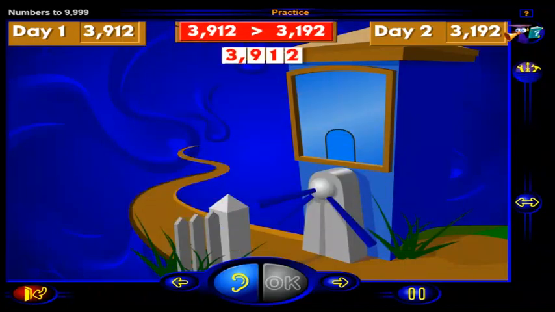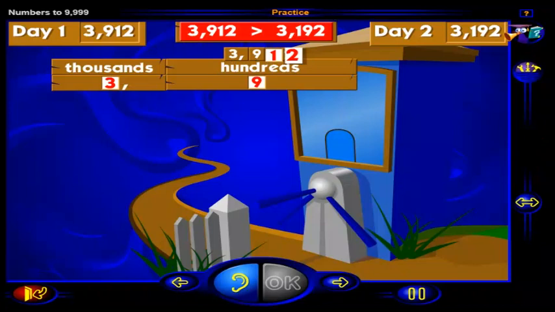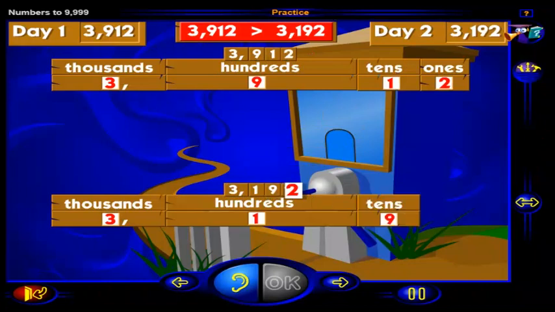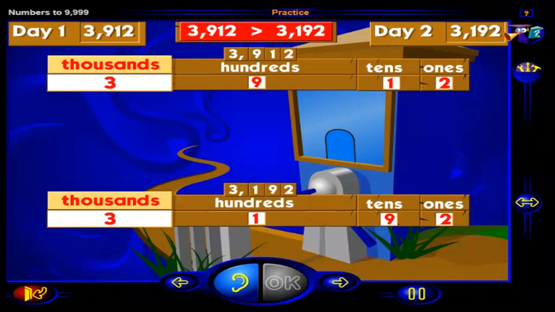In the number 3,912, there are 3 thousands, 9 hundreds, 1 ten, and 2 ones. In the number 3,192, there are 3 thousands, 1 hundred, 9 tens, and 2 ones. In each of these numbers, the digit in the thousands place is the same, 3.